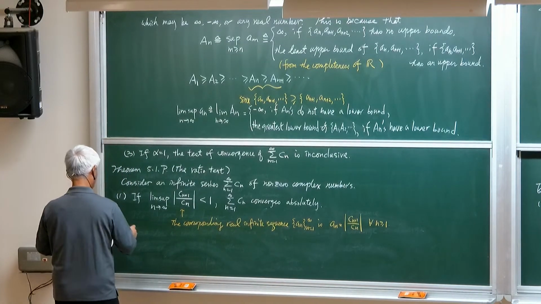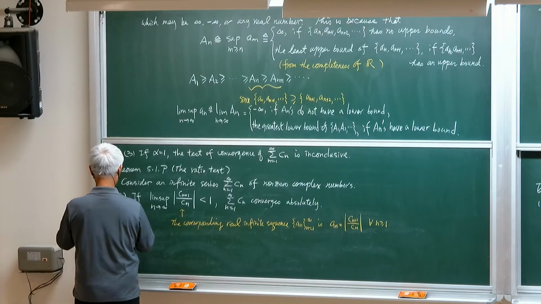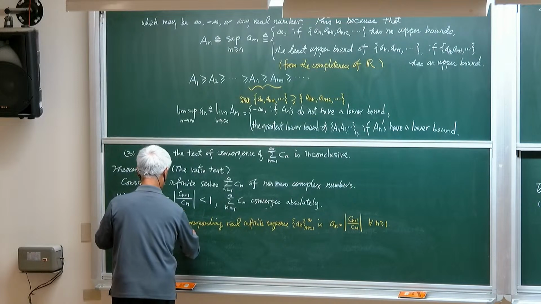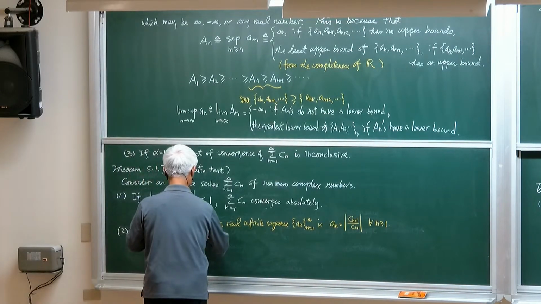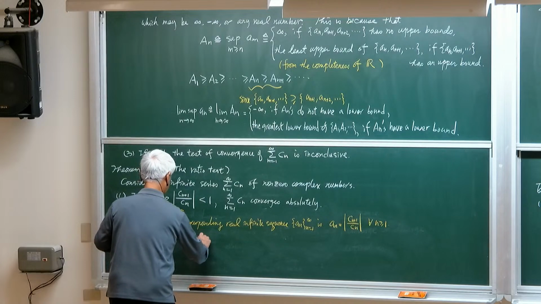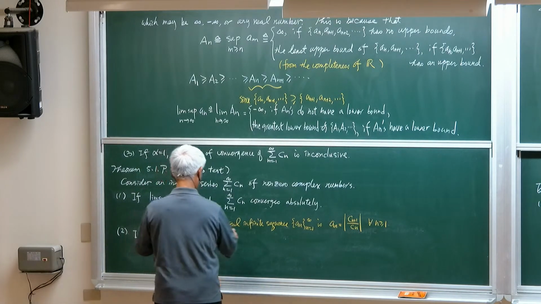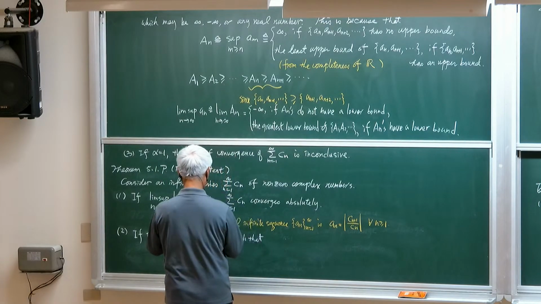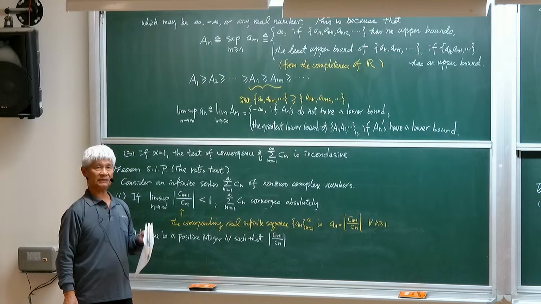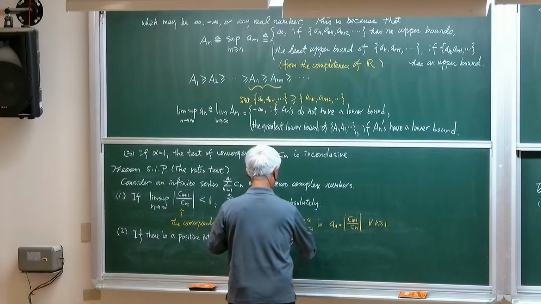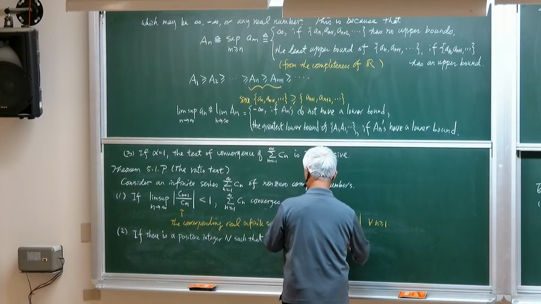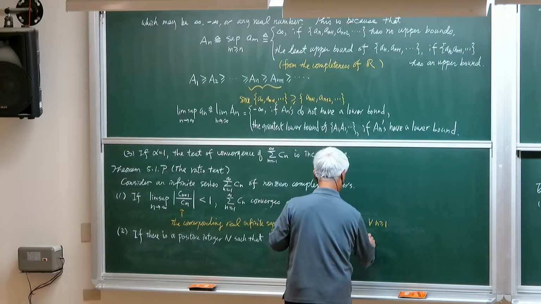Now, if there exists a positive integer N such that the ratio of the absolute values of two adjacent terms is greater than or equal to 1 for all n greater than or equal to N, then we know the series diverges.